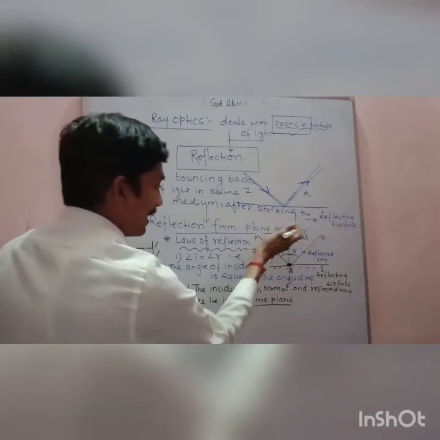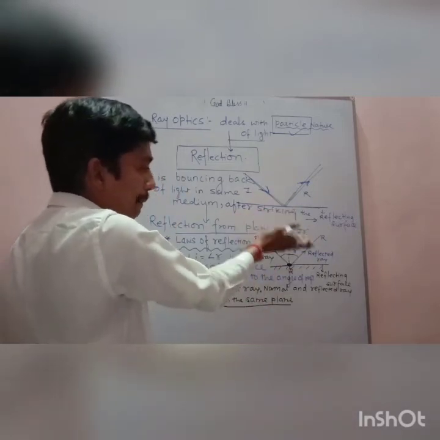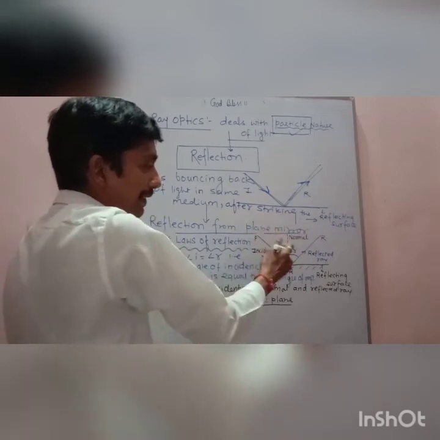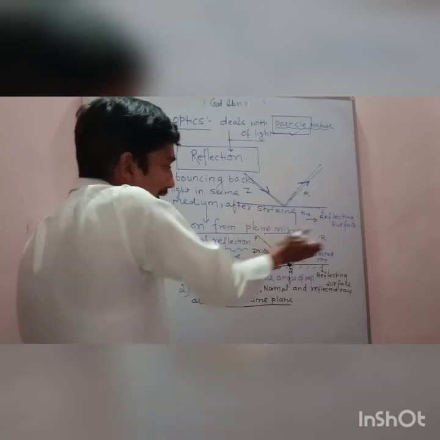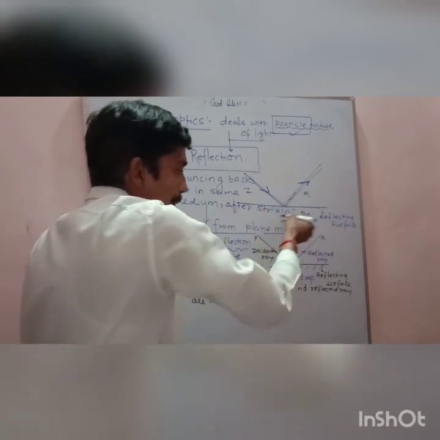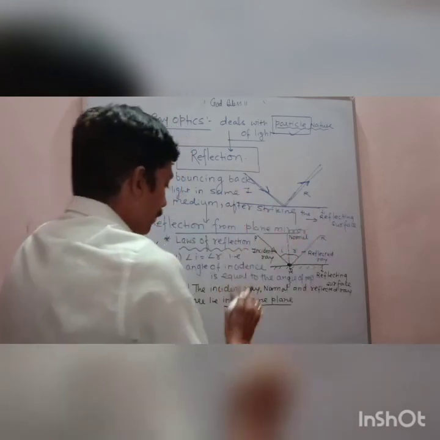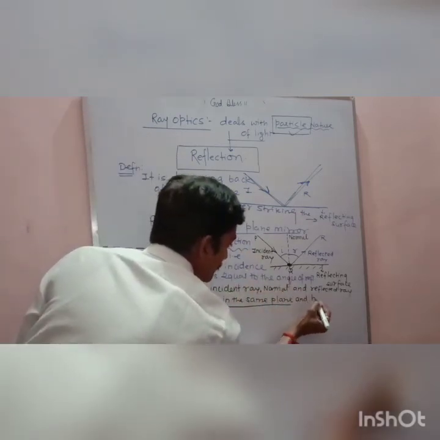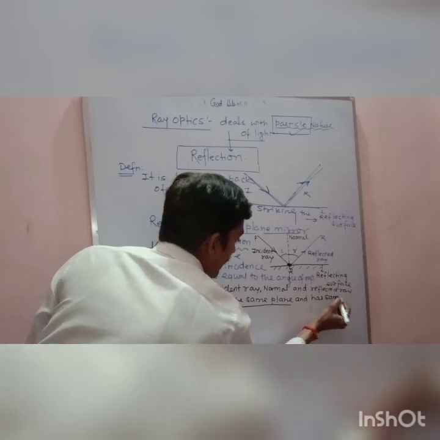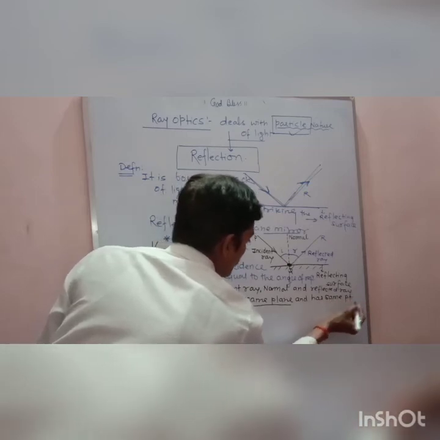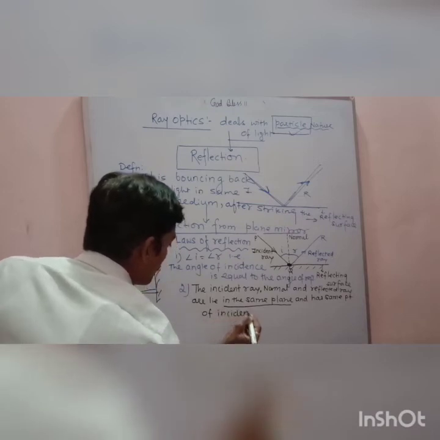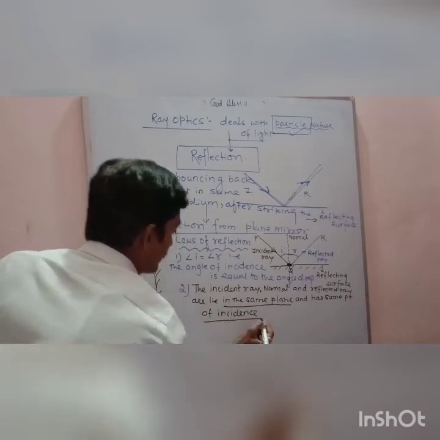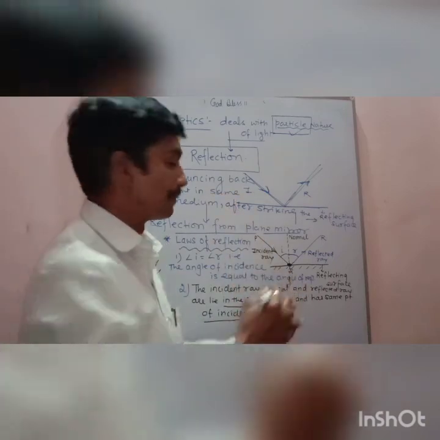You can see in the diagram, all are in the same plane, the top plane. Incident ray, normal ray, reflected ray, all are in the top plane, one plane. I'm moving my hand. So they lie in the same plane and have the same point of incidence. All of them have one point of incidence, and that is point Q in the diagram.